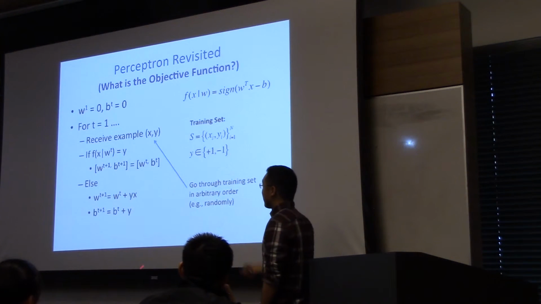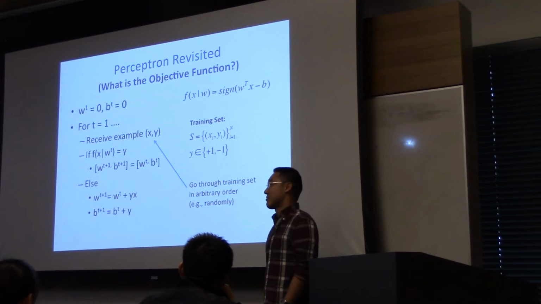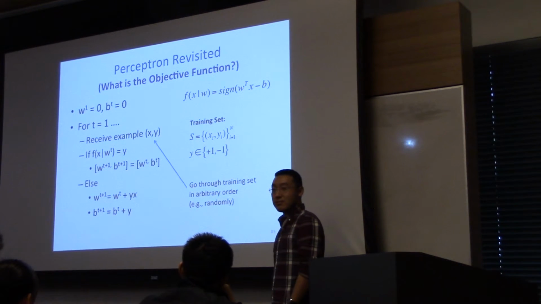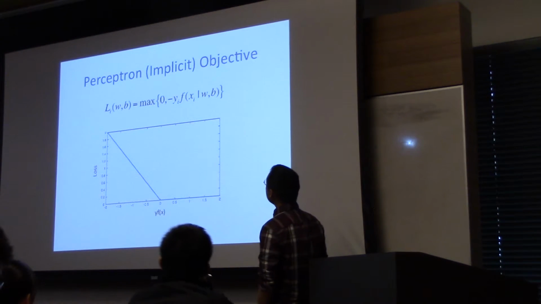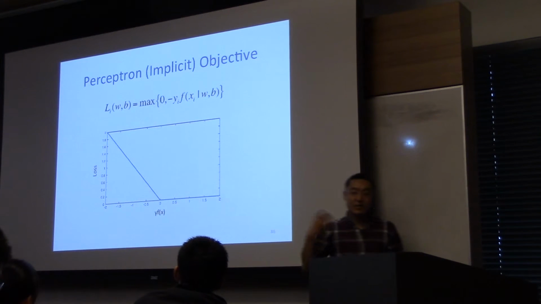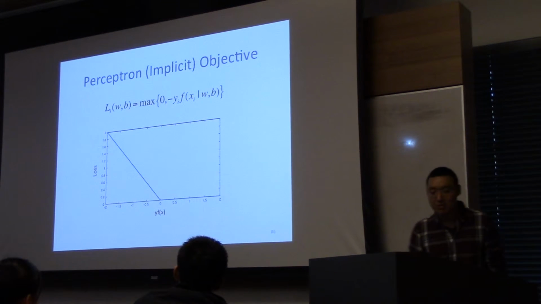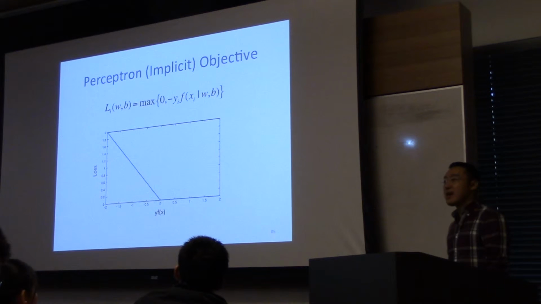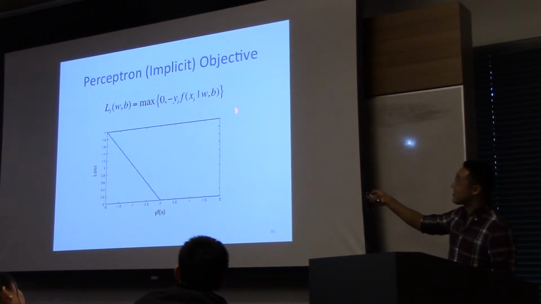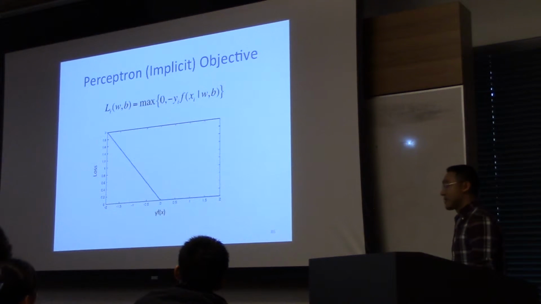So we make an update in the feature value. So you can actually interpret the Perceptron algorithm as implicitly doing stochastic gradient descent with this loss function and a step size of 1.